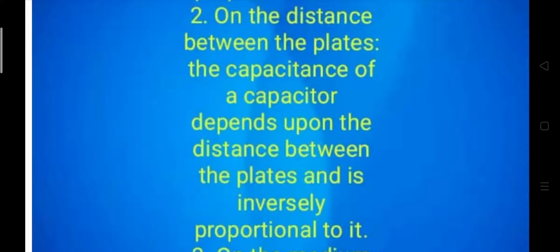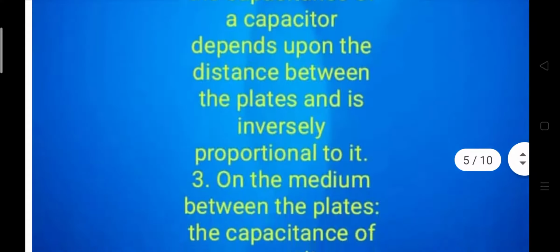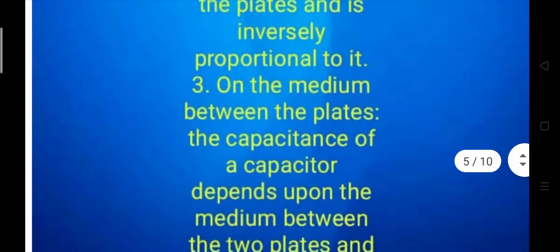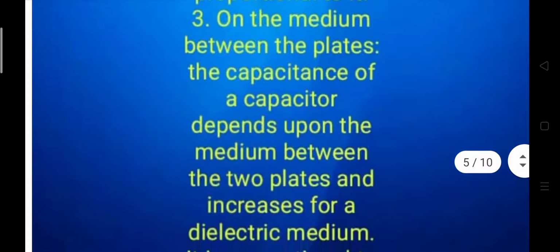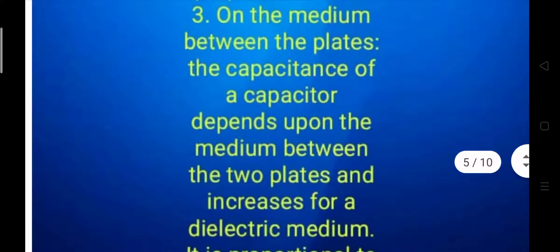Then the third factor on which the capacitance depends is the medium between the plates. The capacitance of a capacitor depends upon the medium between the two plates and increases for a dielectric medium.